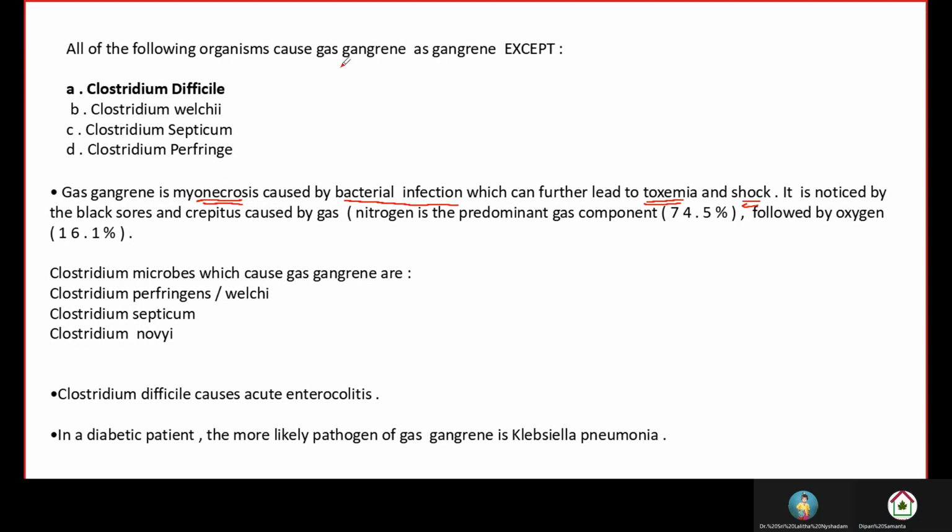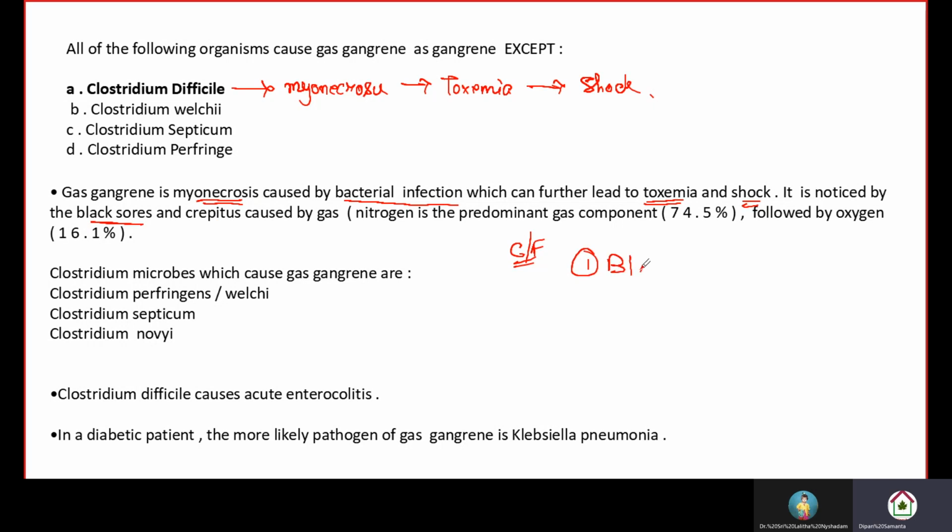So it can cause myonecrosis, that is gas gangrene, leading to toxemia and shock. Clinical features: we see blackened skin, black sores, and crepitus caused by gas.